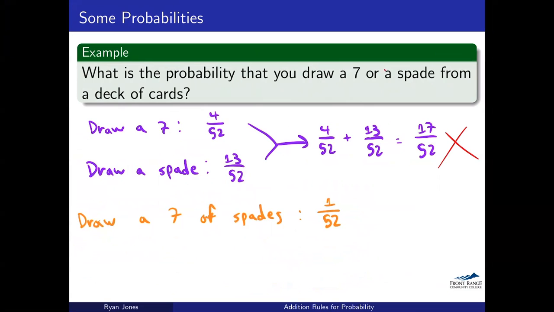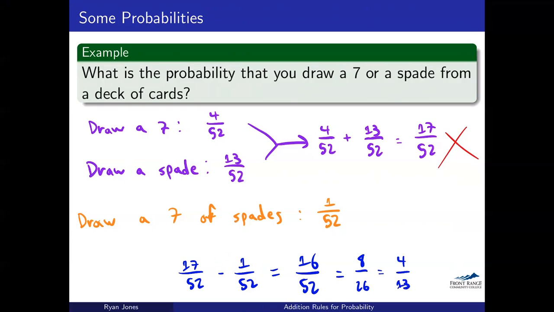I'll do this in blue down here. We'll have that 17 over 52, and we'll subtract off the way that we've double counted. We're going to have 16 over 52. We could simplify that by dividing by 2. We'll get 8 over 26. We could divide by 2 again and get 4 over 13. And there we go, that would be our answer.